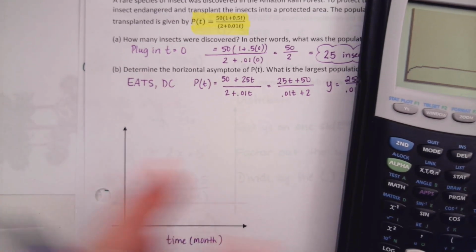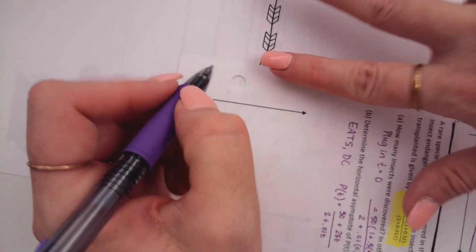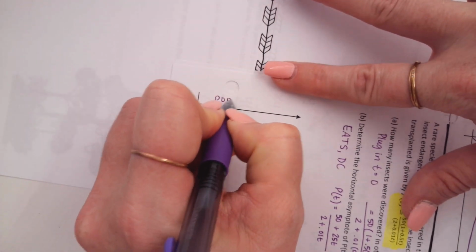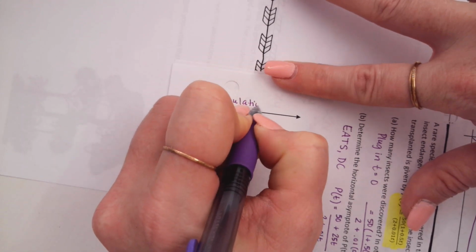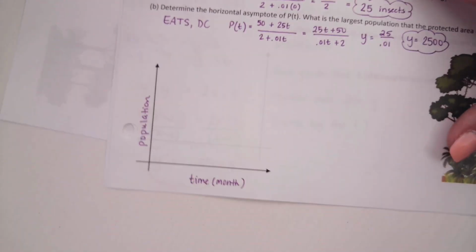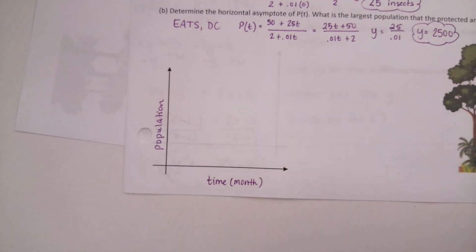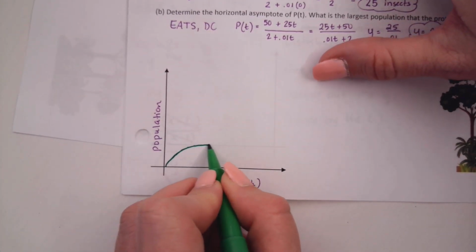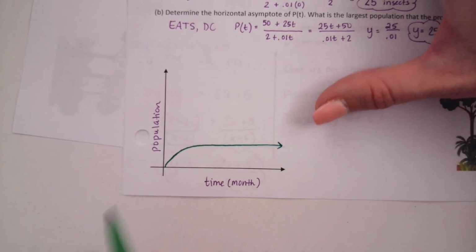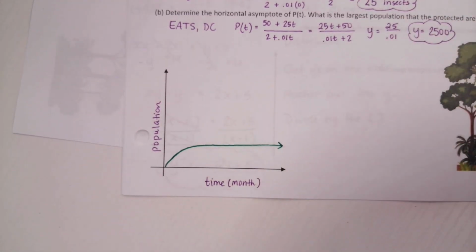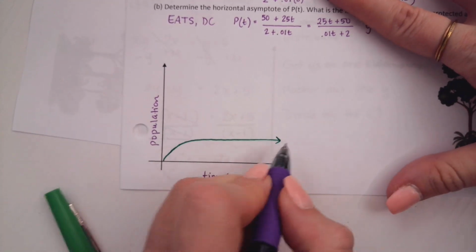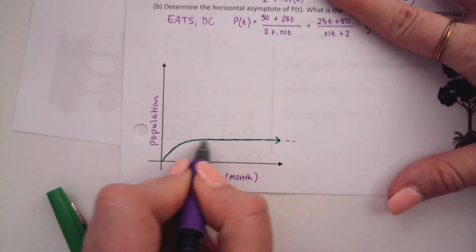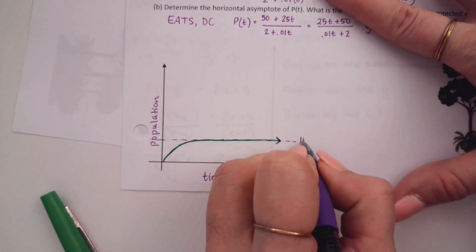What's on my y-axis? The population of insects. Let's graph it. It goes up and then it flattens out. What number is this that it's flattening out at? 2,500, right. This should be your horizontal asymptote.